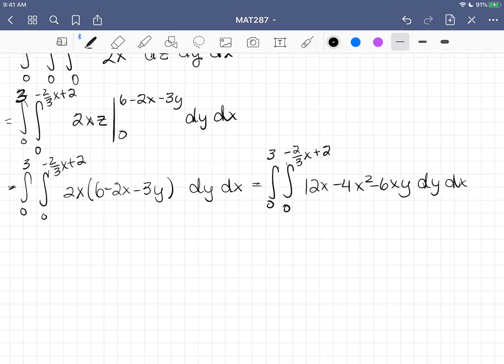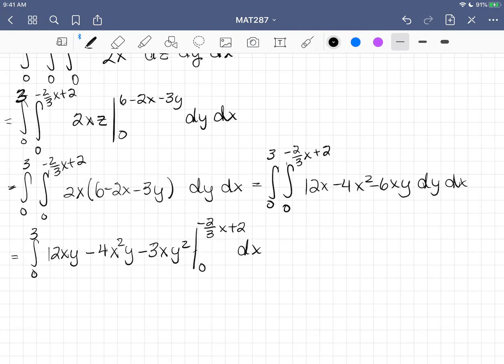Now I want to integrate this inside integral with respect to y. I'm going to leave the 0 to 3 integral on the outside. When I integrate 12x with respect to y, I get 12xy, then minus 4x squared y, minus 3xy squared, evaluated from 0 to negative 2/3 x plus 2, dx.